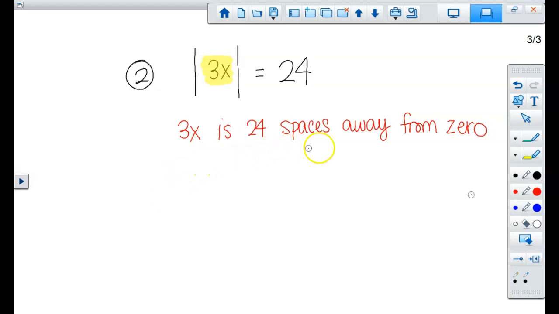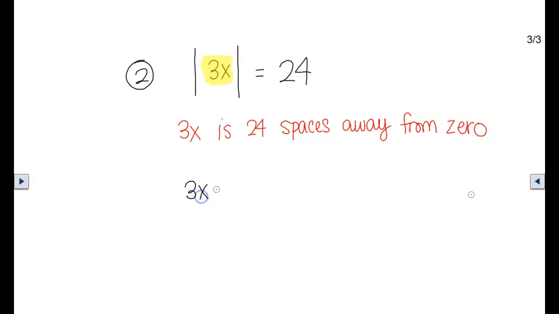So if 3x is 24 spaces away from 0, then 3x could be 24. Is that the only possibility? Well, no. If 3x is 24 spaces away from 0, then 3x could also be a negative 24.